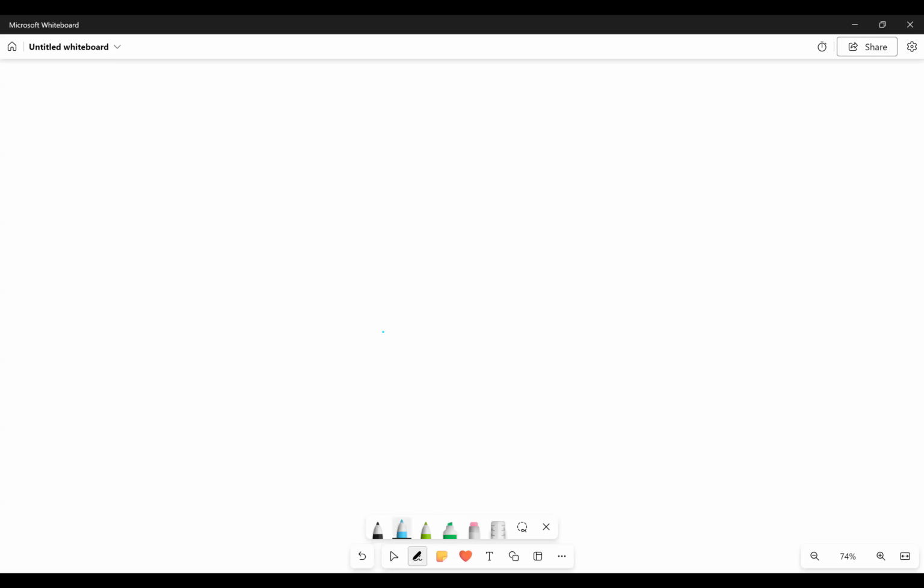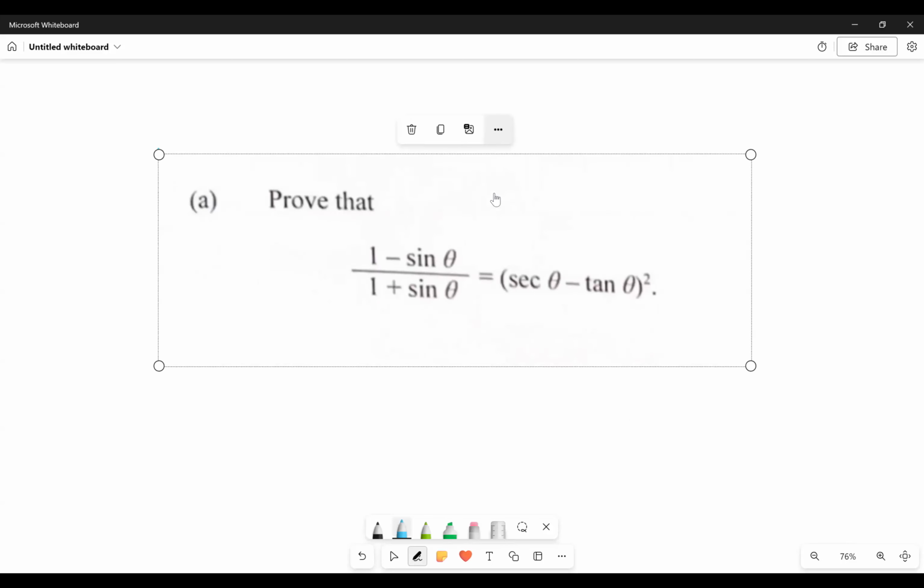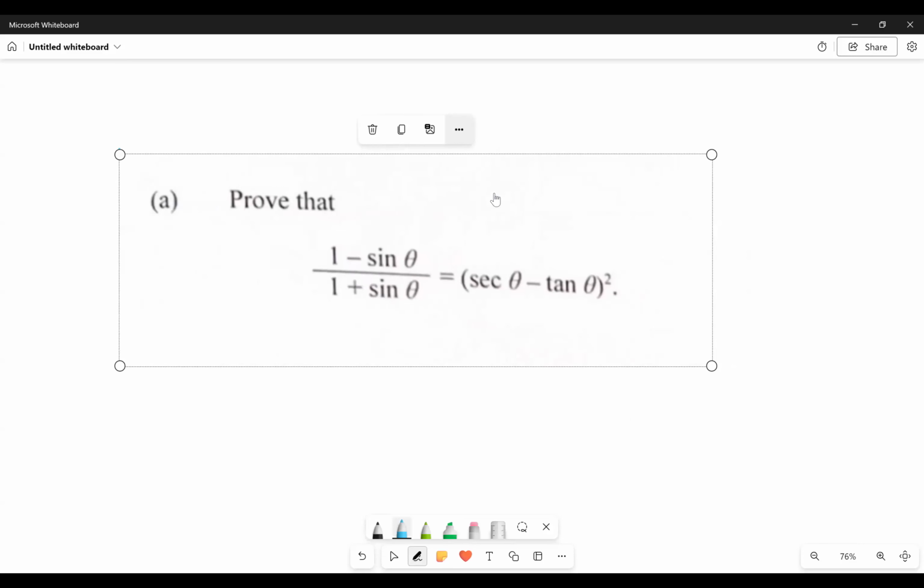So that's, whiteboard this. Okay. So we're doing a proof of a trig question.